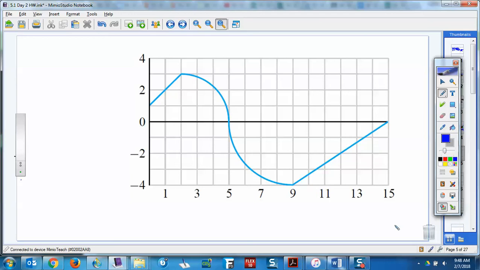Any questions on 5 through, let me just read through the answers. Maybe you didn't take a picture or didn't look at them here.